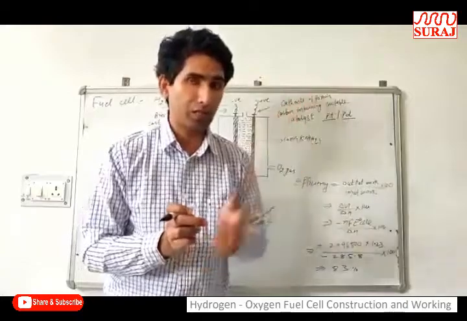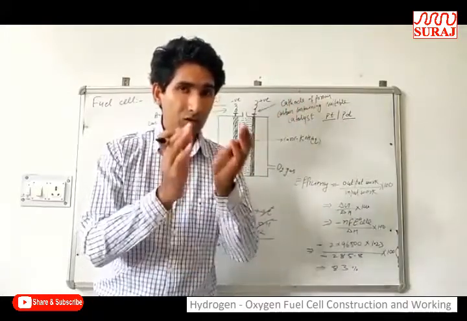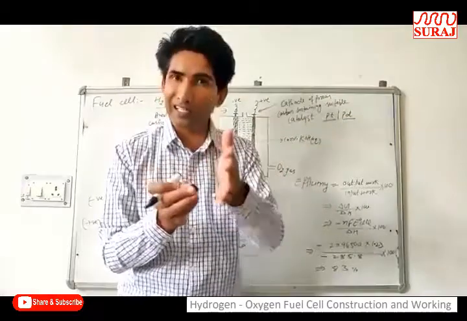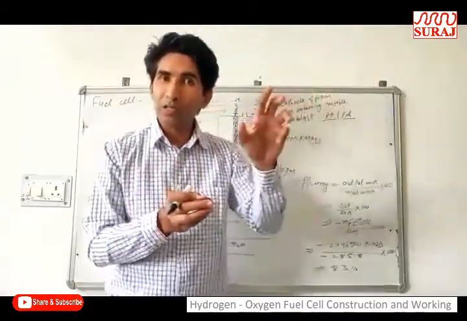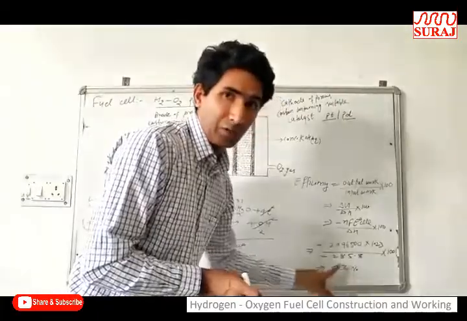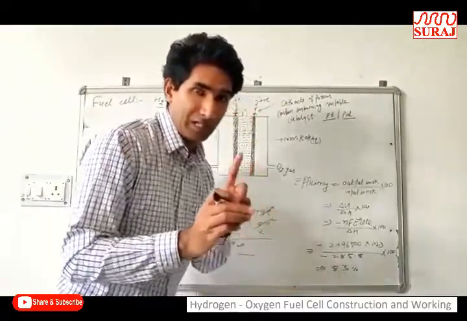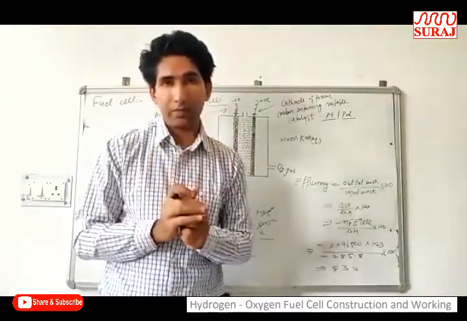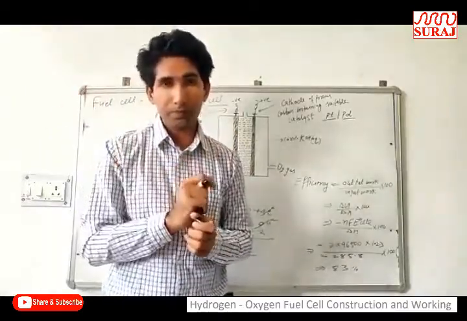That is too long a process. Clear? So efficiency is lost, some energy is used during that process. But in this cell we have 83% efficiency calculated, and experimentally it gives nearly 60% efficiency. That is also very high in comparison to the power plant.